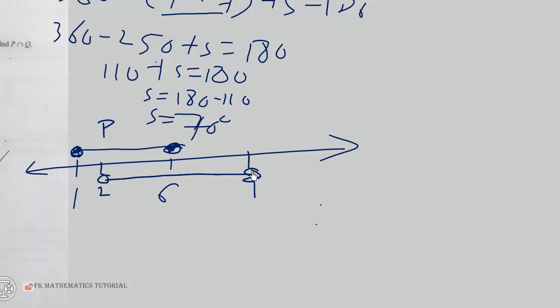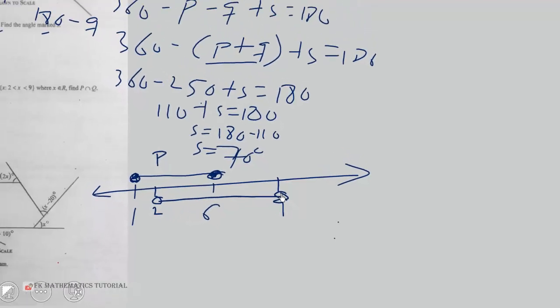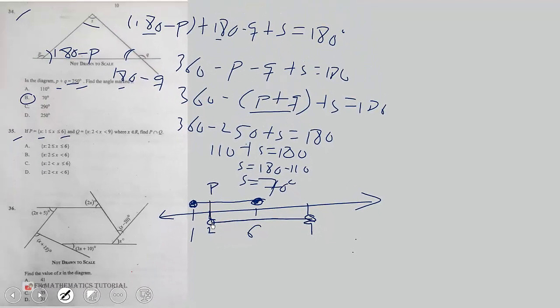We want to find P intersection Q. So P and Q intersect. We will intersect from here to here. So that will be 2, which is not inclusive, less than x, less than or equal to 6. So that will be option C is correct.